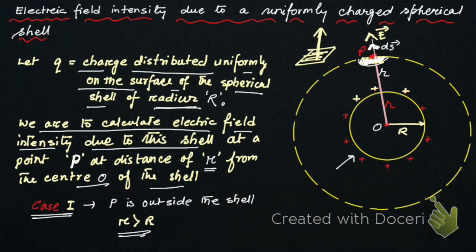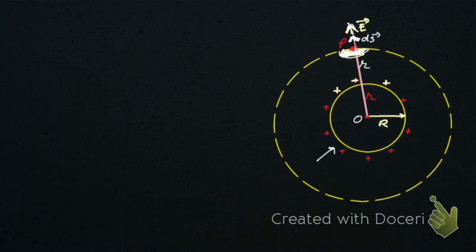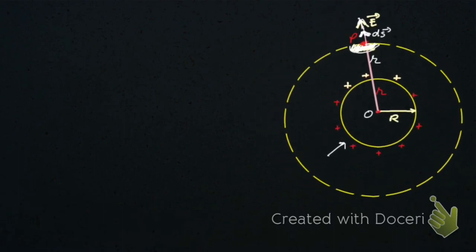So let me go to another slide and draw the diagram again. Let me draw it properly. This is the direction of the electric field E, and the area vector is represented by dS vector.